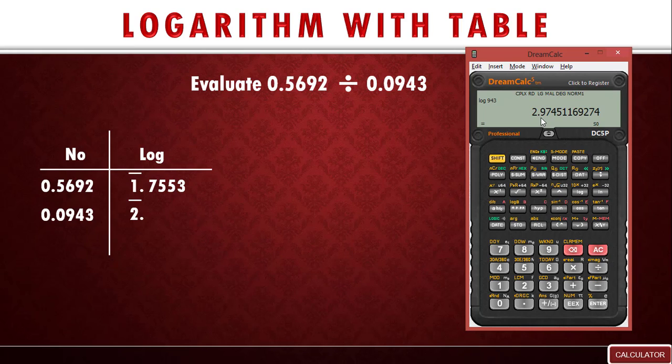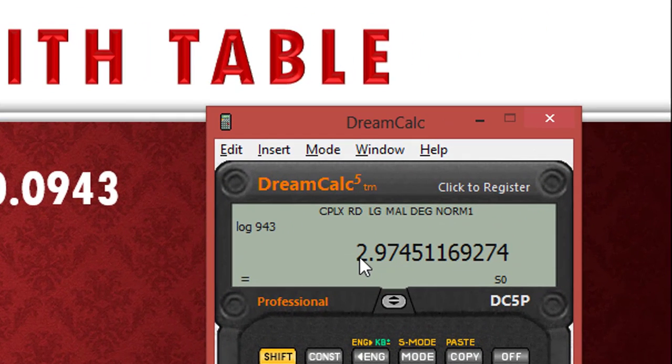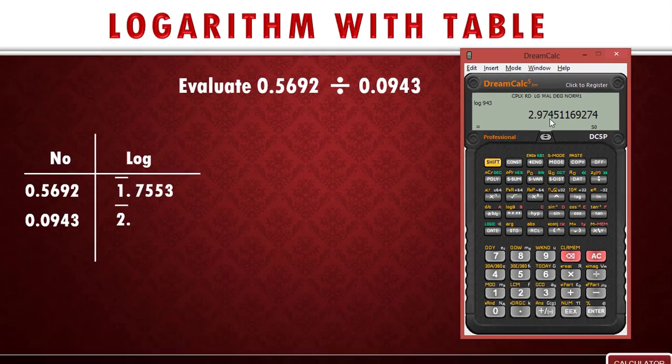The only thing we need is the mantissa, which is 0.9745. If there is any other approximation you need to do, it is to the last 4 digits of the mantissa. We don't need the characteristic right here. All we need is the 4 digits that appear after the decimal, which is called the mantissa. So that's 0.9745.